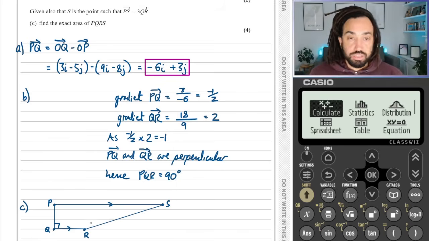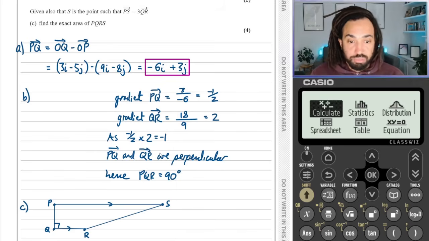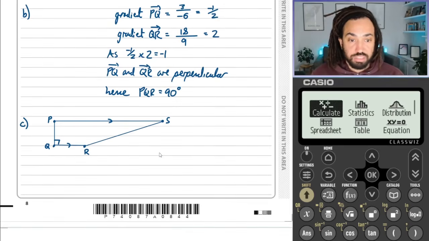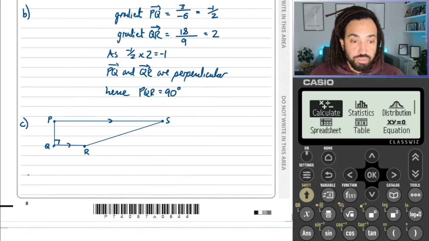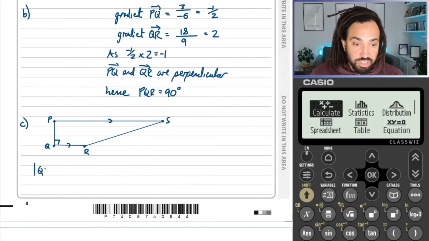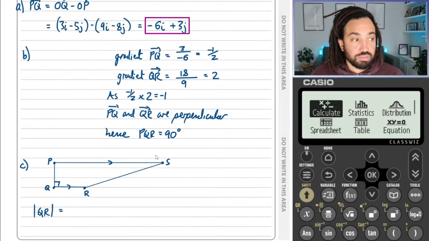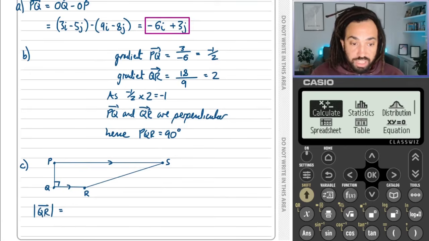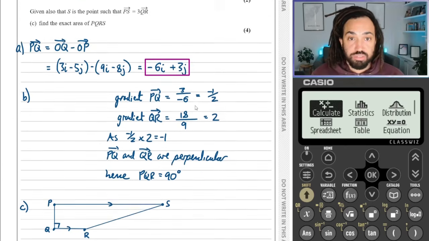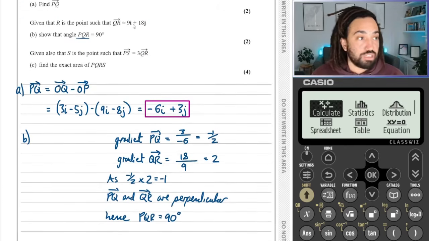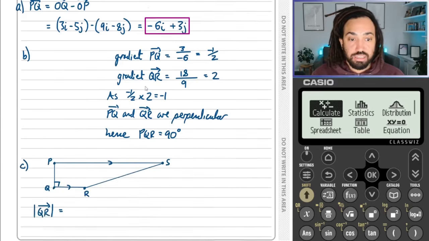Okay, great. So if we have a trapezium, we could use the area for trapezium. So the first thing we want to do is we want to work out the distance of Q to R. Now Q to R, we already know what that is because we were given that. Q to R is 9, 18.